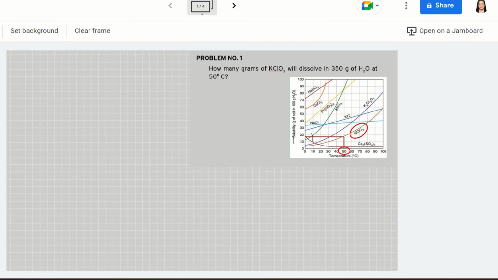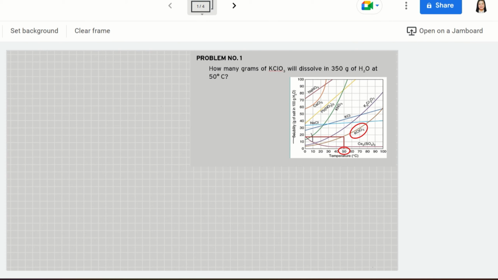And for the first problem, we have how many grams of potassium chlorate will dissolve in 350 grams of water, H2O, at 50 degrees Celsius. And to locate it, we'll refer to the solubility curve, which is given here.